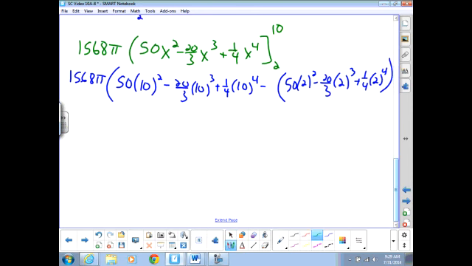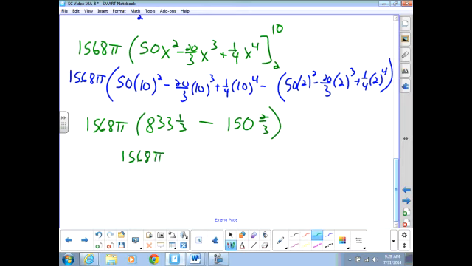Now, when you plug the first part in, all the parts with the 10, you should get 833 1/3. Minus the parts with the 2 will give you 150 2/3. When you subtract the inside there, you'll get 2048 over 3.